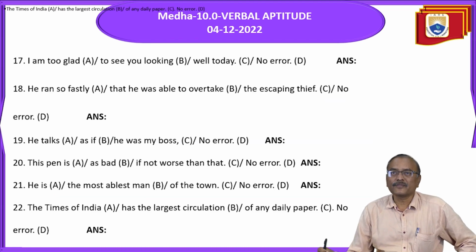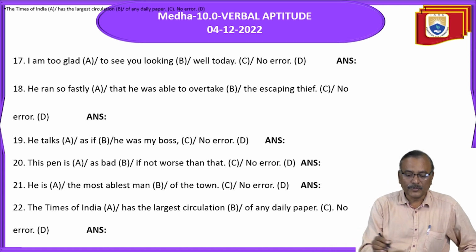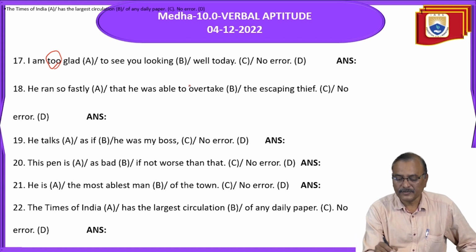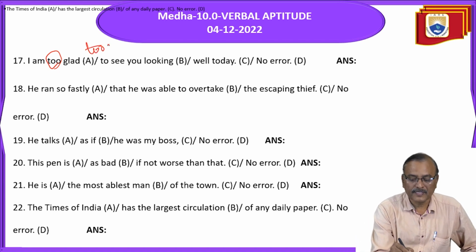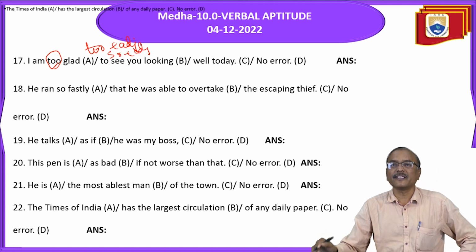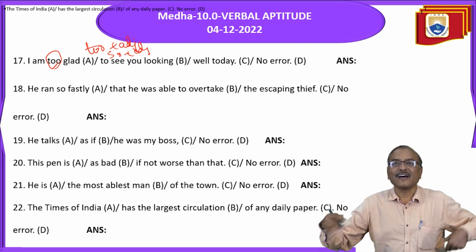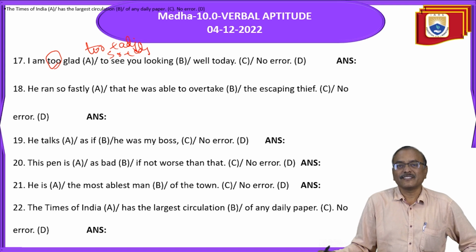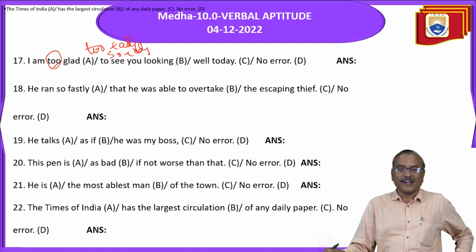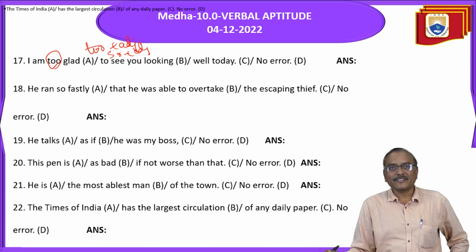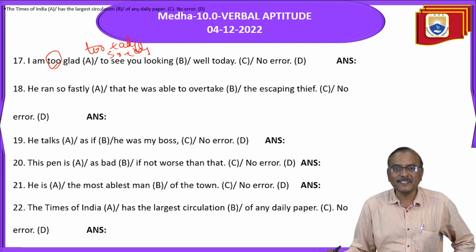I am too glad to see you looking well today. Too glad here. Too plus adjective, or so plus adjective, are generally used in negative sense only. Too glad means that we cannot tolerate it here. Is it clear? Don't say she's too beautiful. Too beautiful means we cannot see.